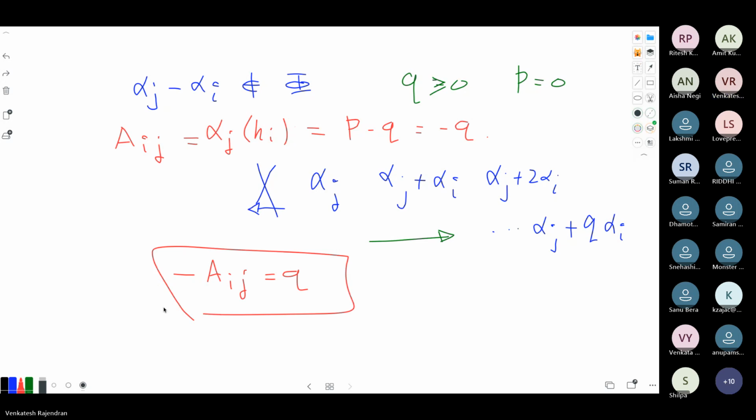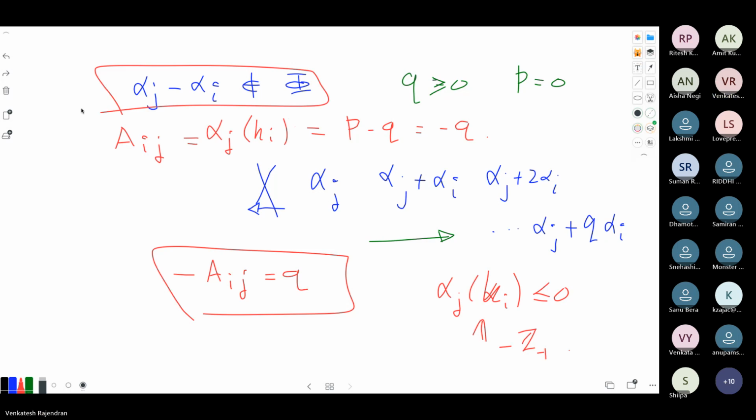And aij is always a non-positive integer, alpha j of alpha i check. That is actually an exercise, because that is equivalent to saying that this is not a root.